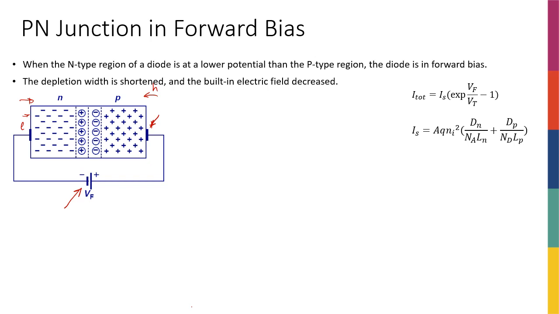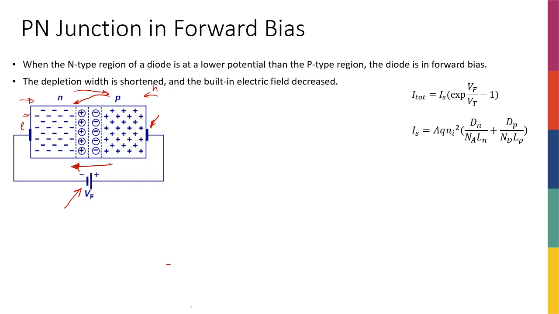So I'm going to have the free flow of excess holes from right to left and excess electrons from left to right. Therefore, I'm going to have a huge amount of current going from right to left as the combined effect of the two carrier movements. Okay, two types of carrier movements.